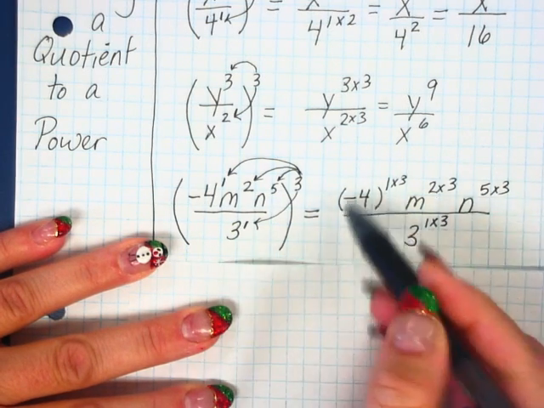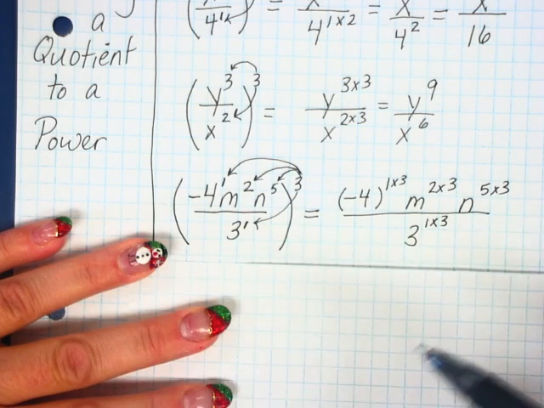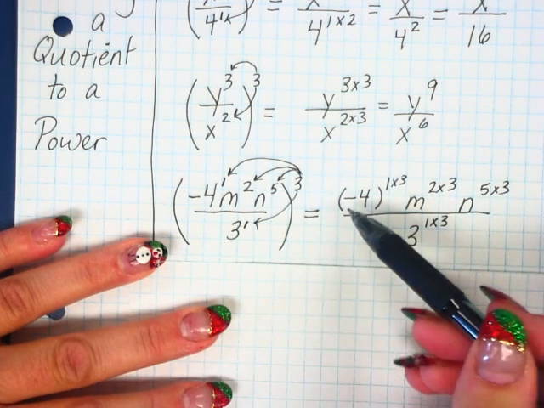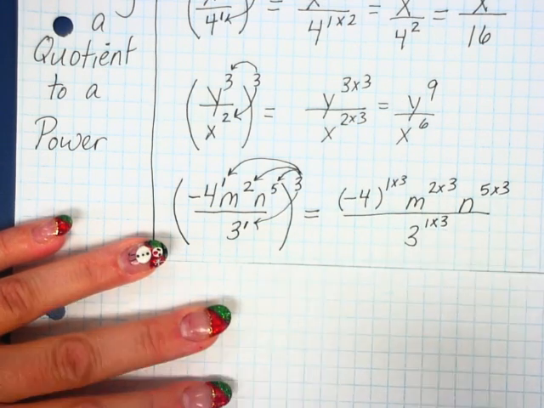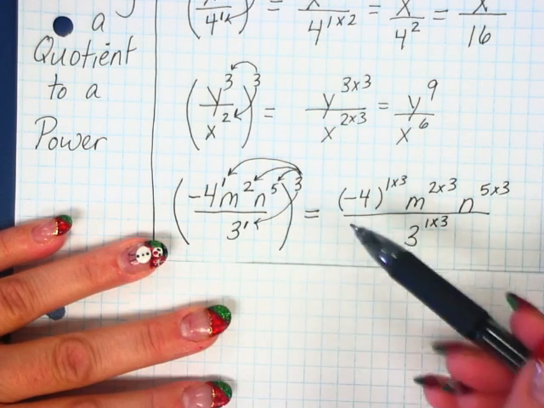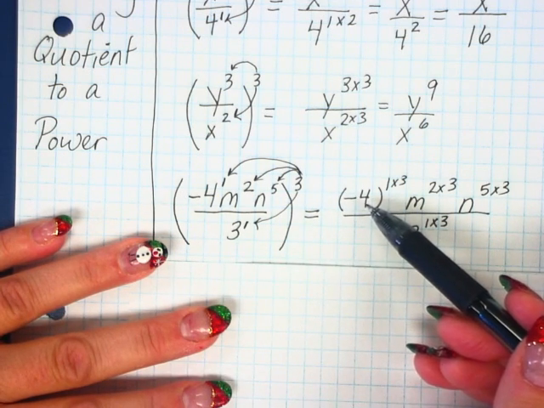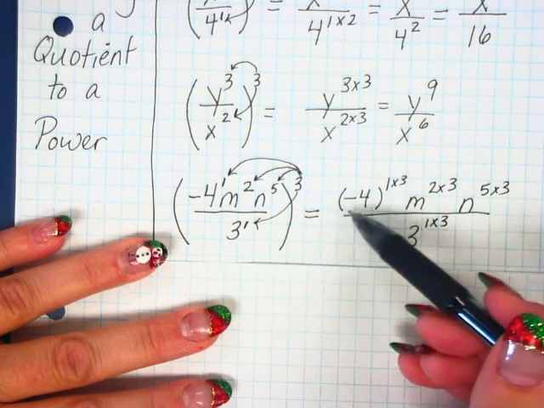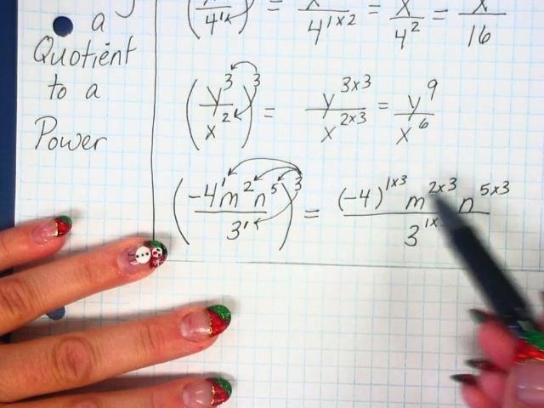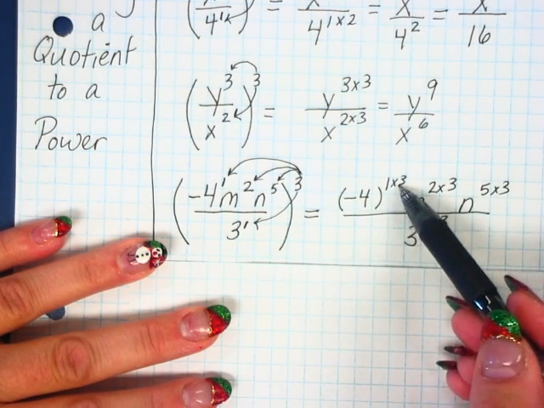The reason I have you write that in parentheses is because although our brain doesn't always think that way, technically the negative and the 4 are two different numbers. This is negative 1 times positive 4. So if we put it inside parentheses, it means negative 4 to the third power.